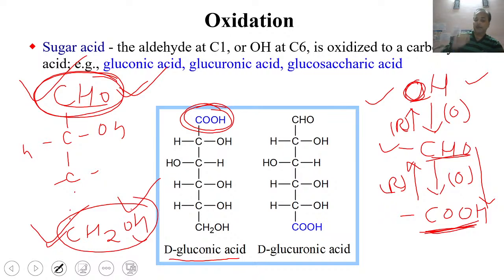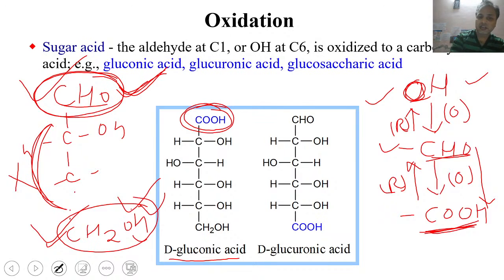I have told you that carbon number 2 to carbon number 5 normally do not go for oxidation because they are secondary alcohols. The carbons that go for oxidation are the aldehydic group or the primary alcohol group. On the basis of which carbon is oxidized, you get three different kinds of products.